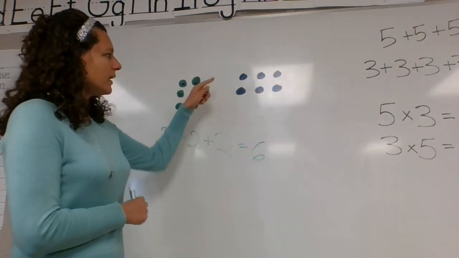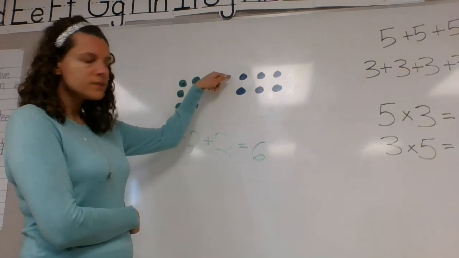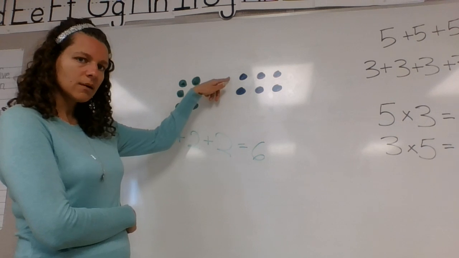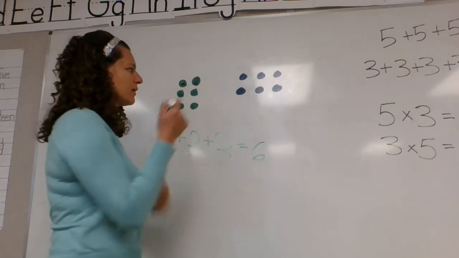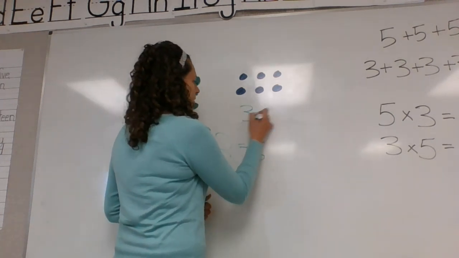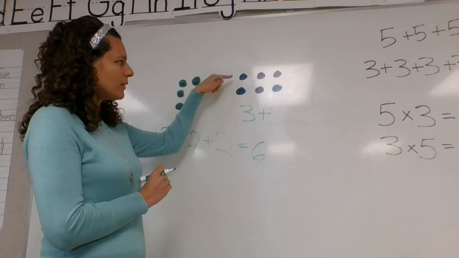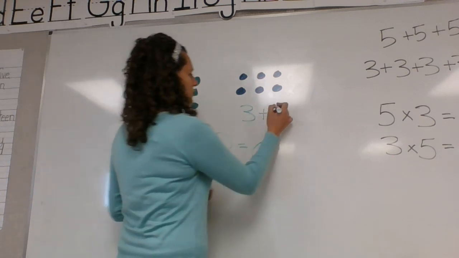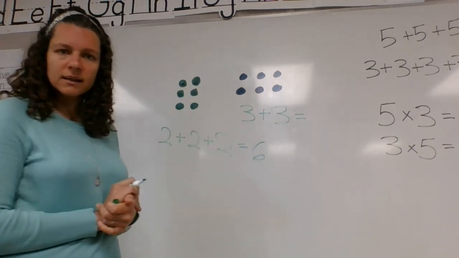Now let's look over here. We've got 3 in each row. So what would our repeated addition equation be? Since we've got 3 in each row, it's 3 plus, and we're going to add 3 as many times as we have rows. We just have 2, so it's going to be 3 plus 3 equals, what is that, class?